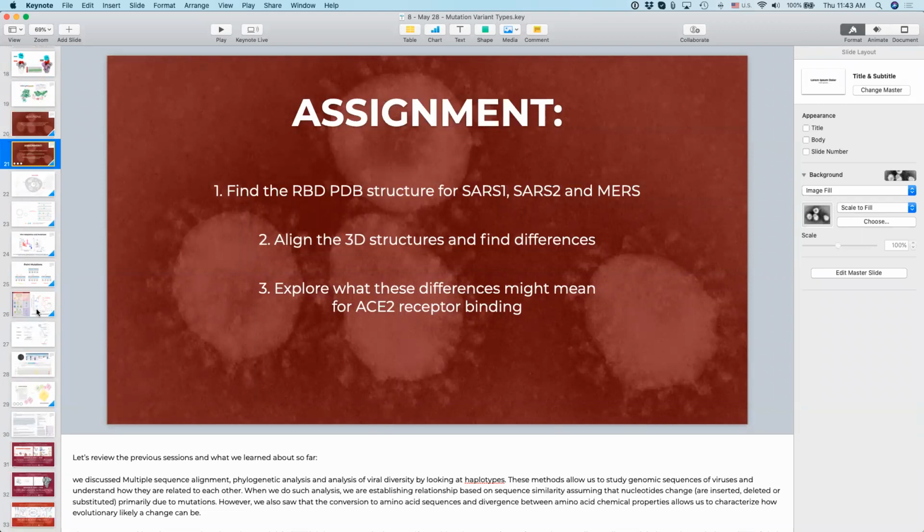Okay, so there's a question: when we align 3D structures of protein by MSA, then output is phylogeny. Well, when we align structures, you can't really align structures. You can superimpose structures, and typically you would superimpose one on the second one, right? So just two. When we do alignment, we do alignment of sequences, and these could be nucleotide sequences or amino acid sequences.